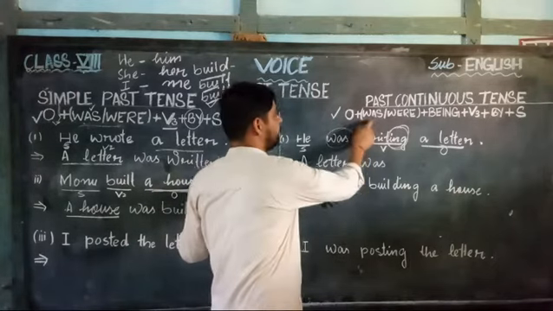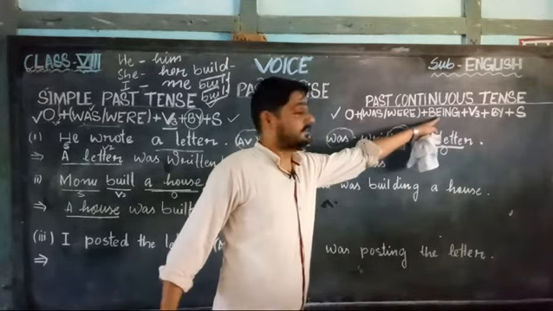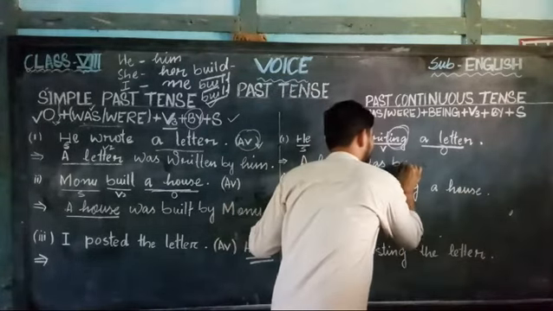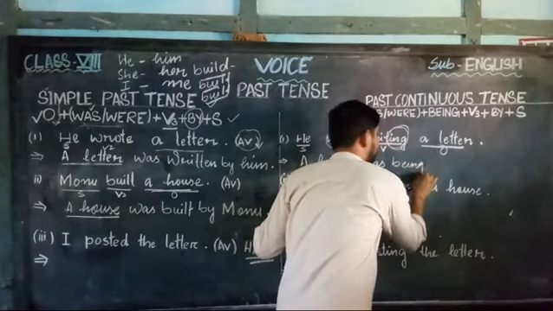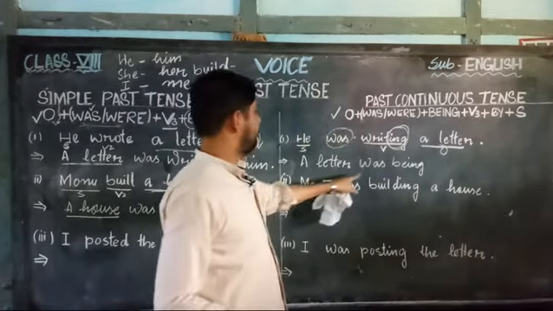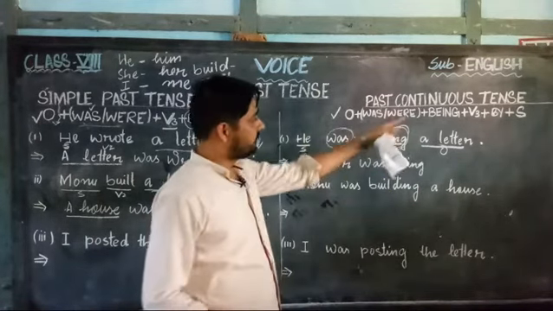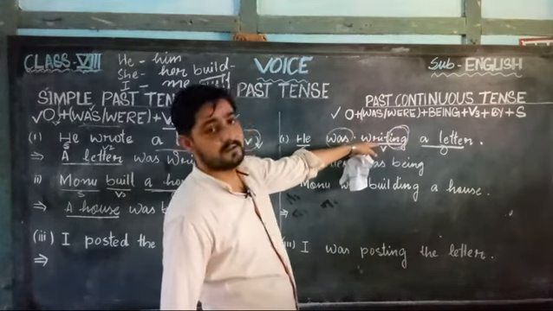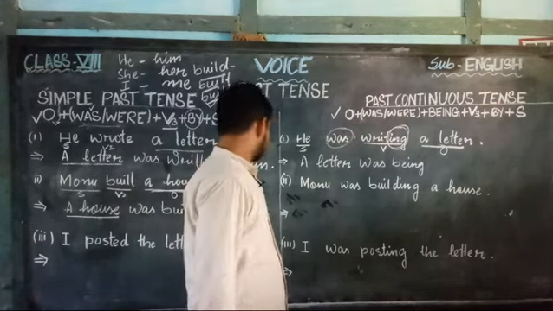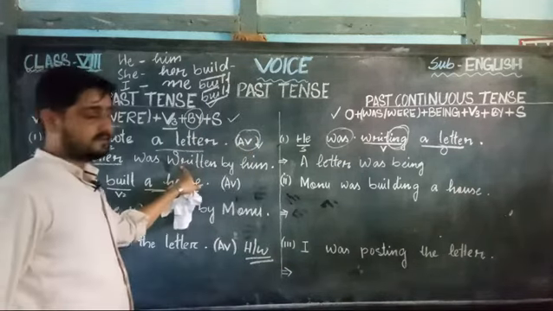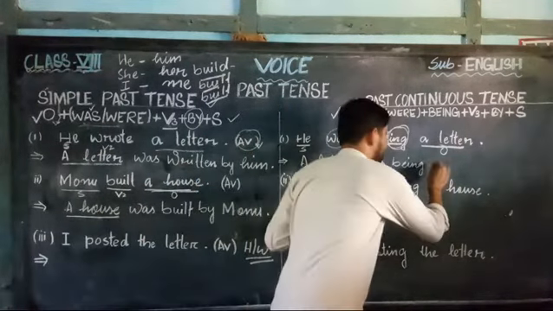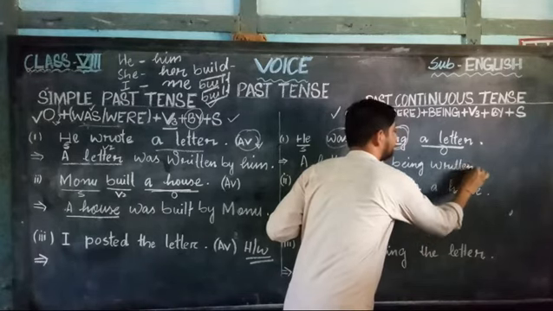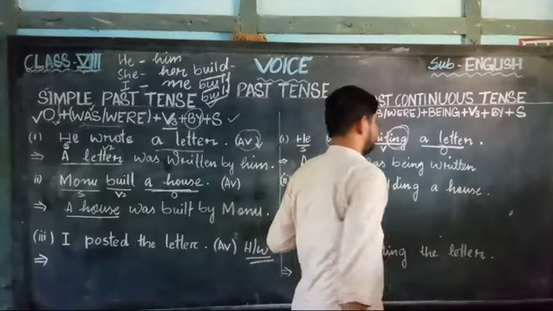After was, we have to write being. A letter was being. Then the third form of the verb. The third form of write is written.